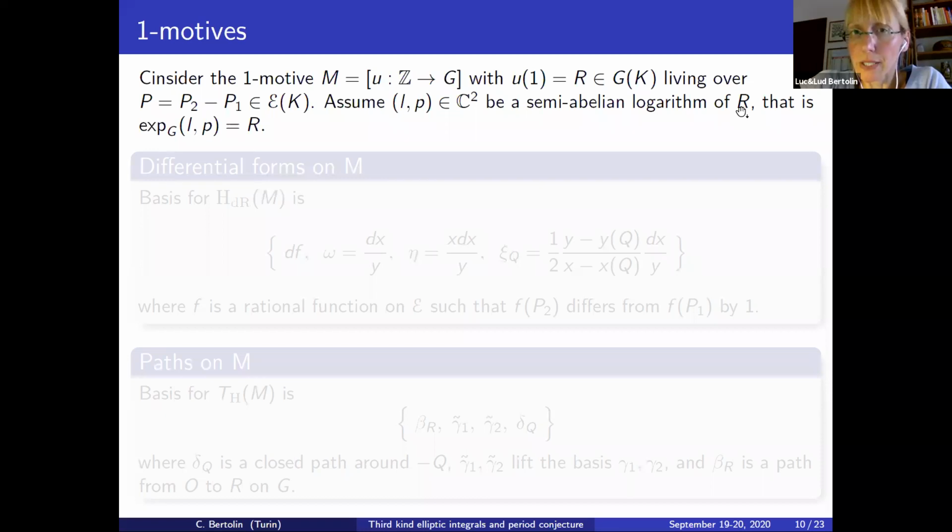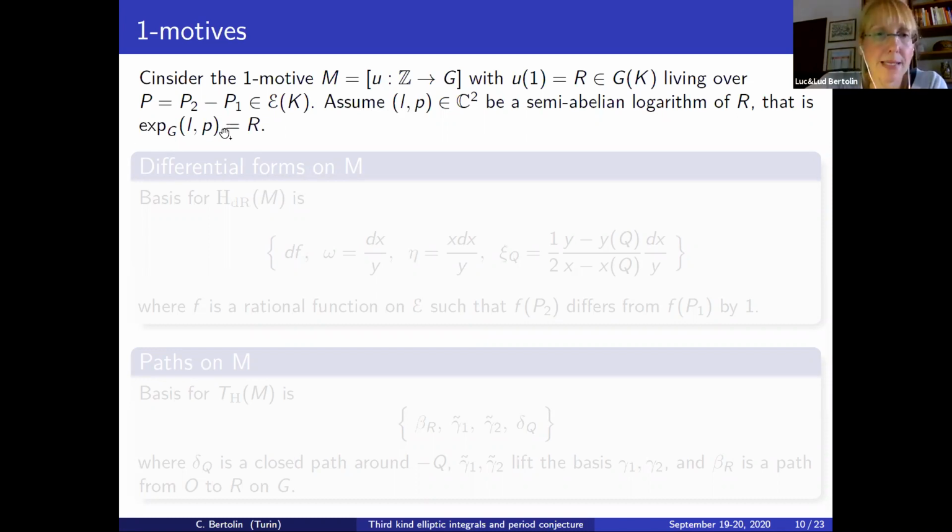The semi-abelian logarithm of R is just a couple, because Lie of G is isomorphic to C^2, and L and P are two points of C^2 such that the exponential of L(P) is equal to R.